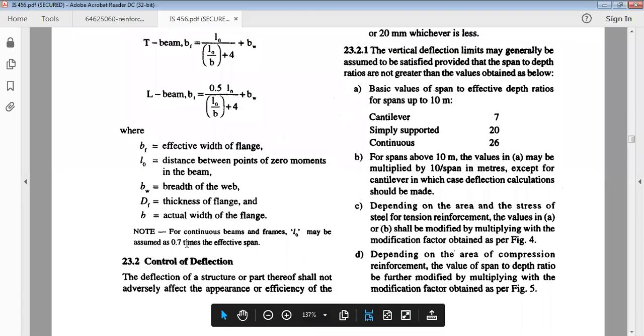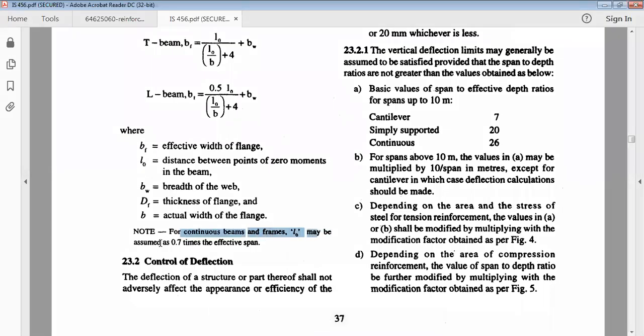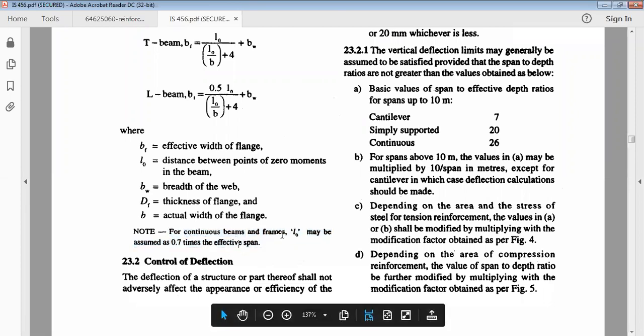Yes, the code mentions this. For continuous beams and frames, L naught may be assumed as 0.7 times the effective span. So you can just assume that L naught is 0.7 times the effective span of the beam.